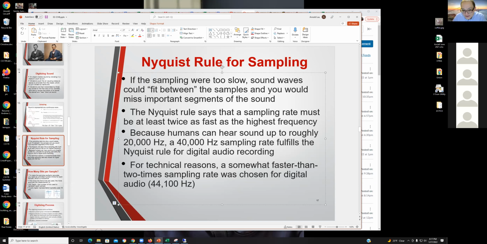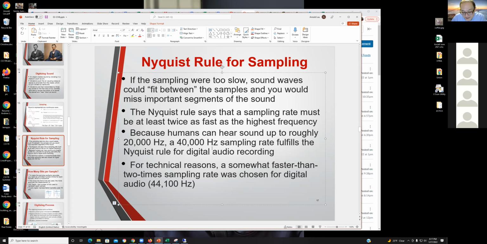And that's all the Nyquist rule is saying, right? How many times you should be sampling for whatever you're recording for. In this case, we're recording for humans, but maybe you're recording for dogs or something, right? But let's say you're recording for humans, then you're looking at 20,000 hertz multiplied by 2, which is 40,000 sampling, okay? It's a simple rule, and you're definitely going to see this on the exam.